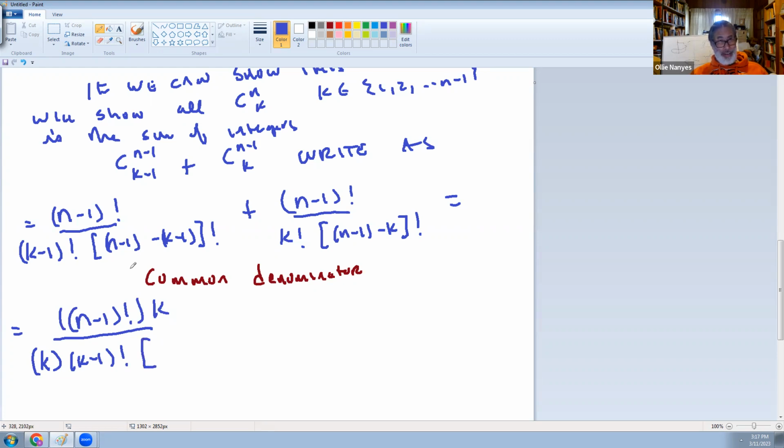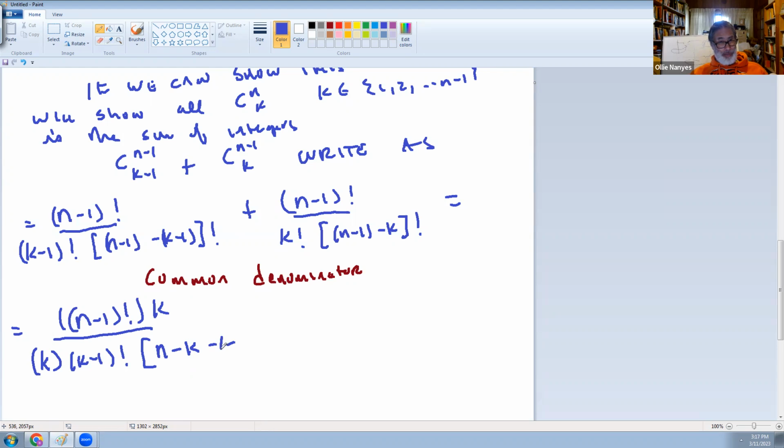Now this thing here, I'm just going to do a little bit of algebra. n minus 1, and this is subtract, this is a parenthesis here, k minus 1. That turns out to be n minus k. Then you have a negative 1 minus, so you have n minus k.